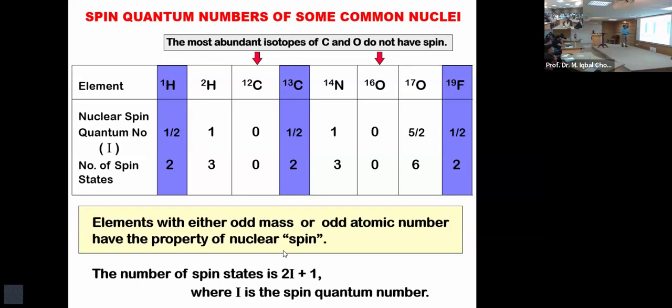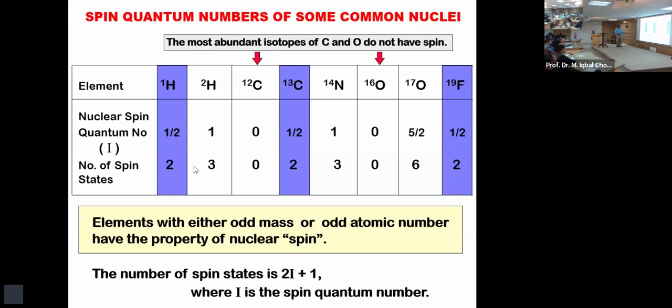Carbon 12, NMR inactive. C13, NMR active. N14, O16, O17, and F19, P31. They are the common nuclei which we study.